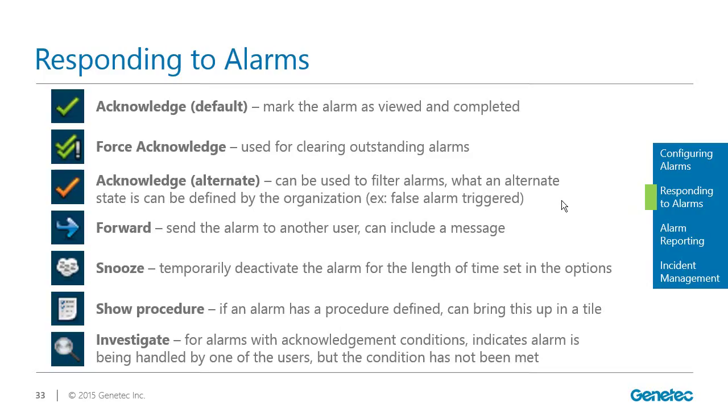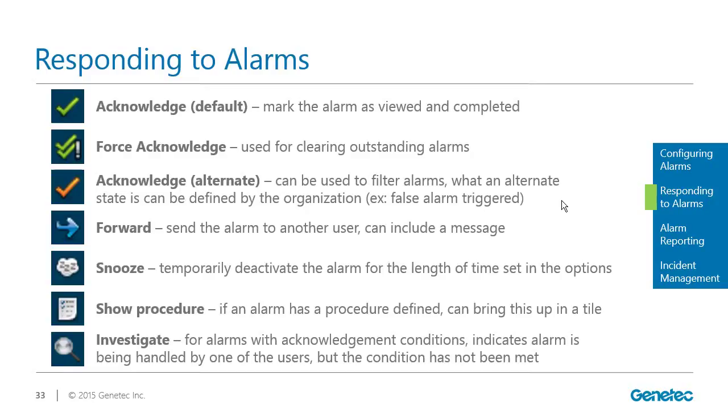We also have an alternate acknowledge. This is basically another way to give you a marker in the system for the acknowledgement state. In Security Center, it's not recognized any differently, really. It just shows it as an alternate acknowledge. But you can use that yourself when you're doing reports, so you can filter alarms based on it.